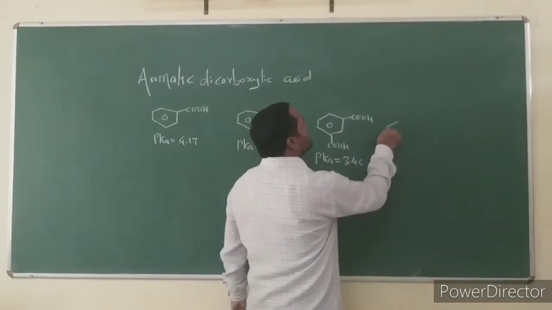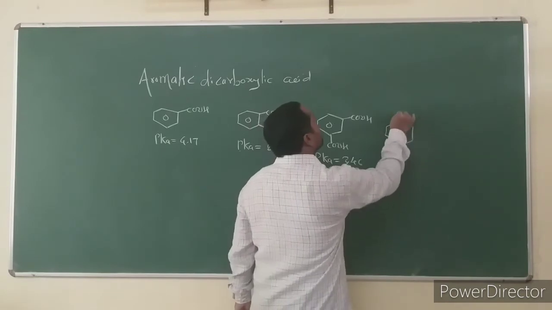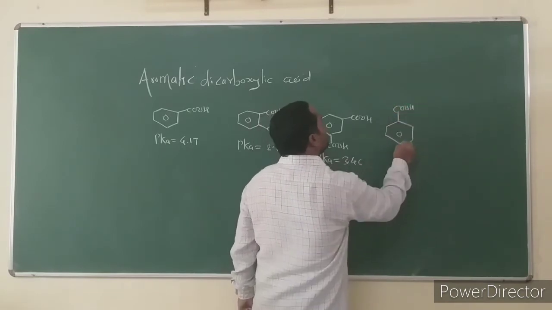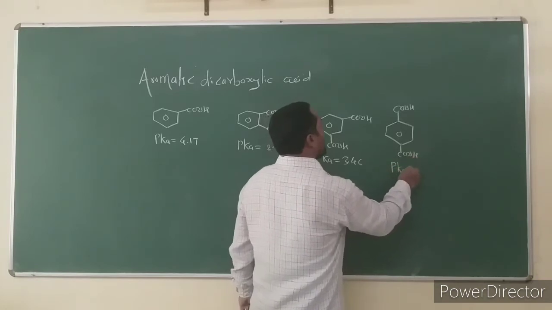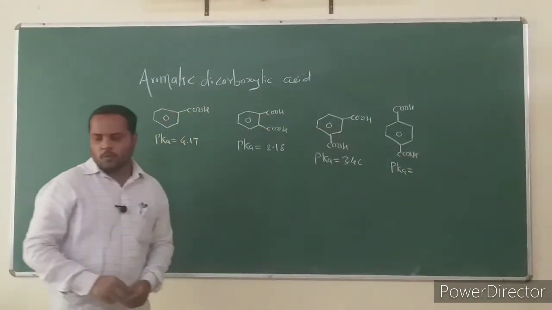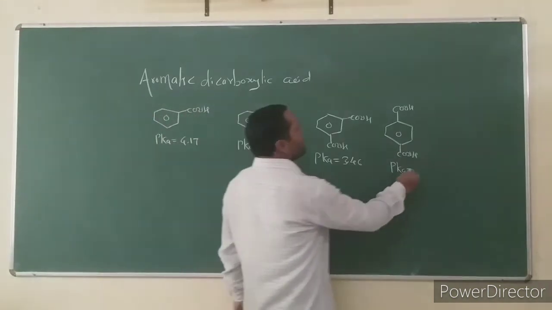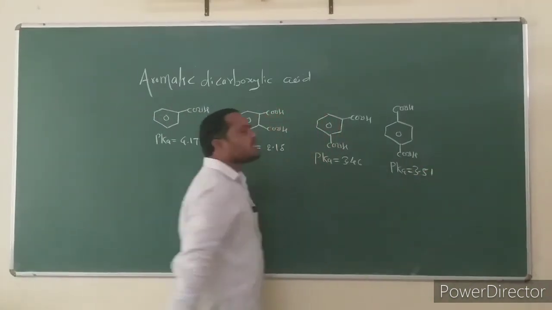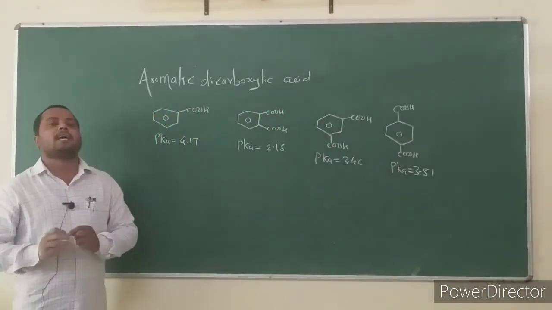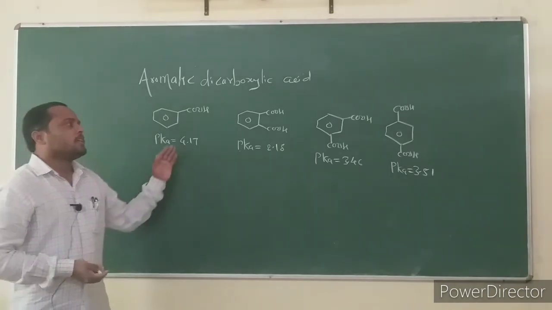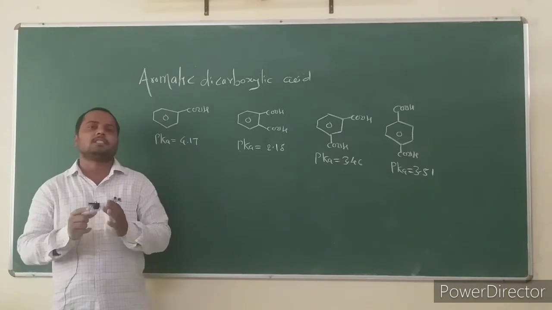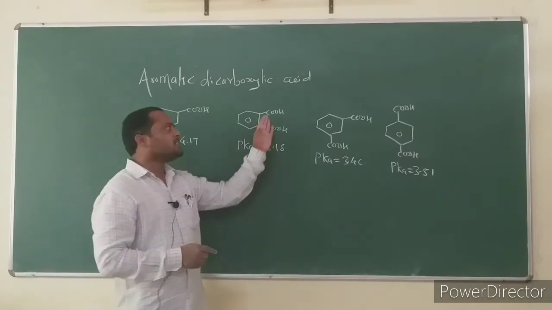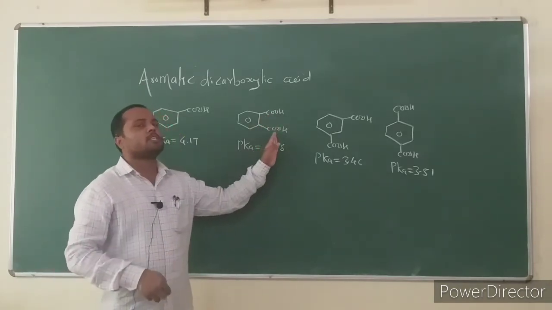And consider the other one, the para dicarboxylic acid or 1,4-dicarboxylic acid. It has a pKa value of 3.51. Similar to aliphatic dicarboxylic acids, in aromatic dicarboxylic acids, acid strength decreases with increasing distance between the two carboxylic functional groups.